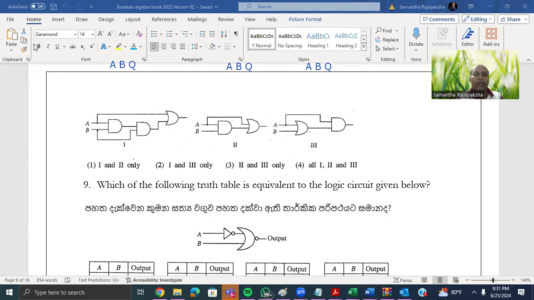So you can do the truth table here, the truth table for this one, and the truth table for this. You can get the truth table inputs.